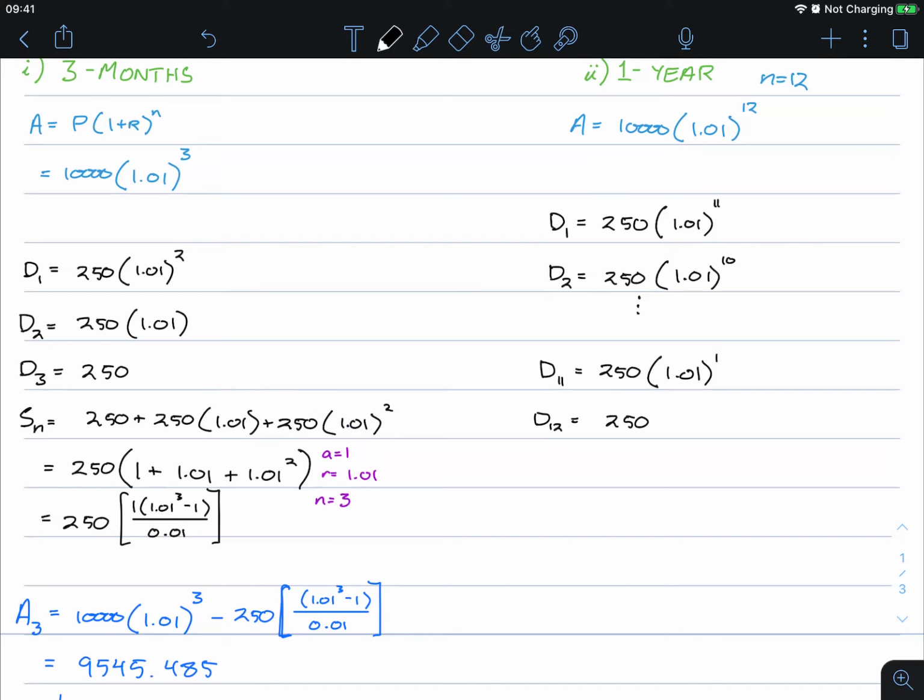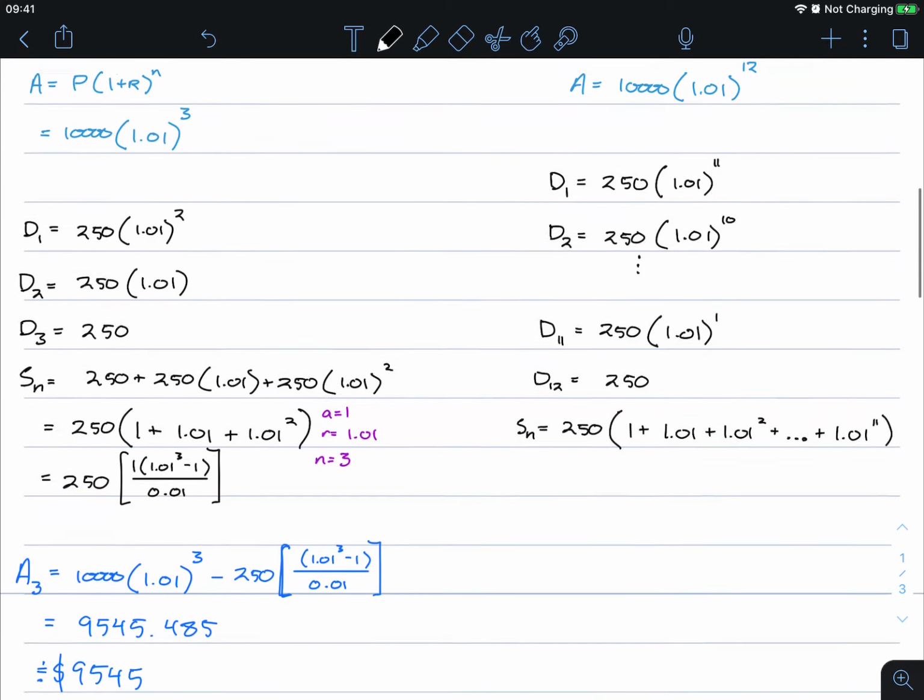Skipping a few steps because we have the first one here. Obviously for this, you normally should do the full working. So S of n equals 250 outside of 1 plus 1.01 plus 1.01 squared plus all the way up until 1.01 to the power of 11.